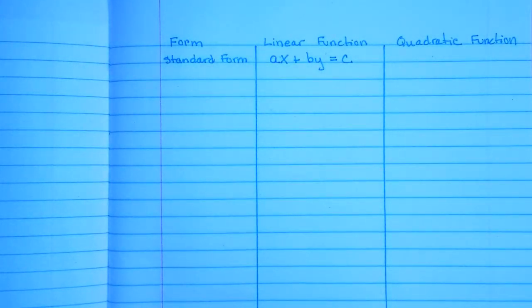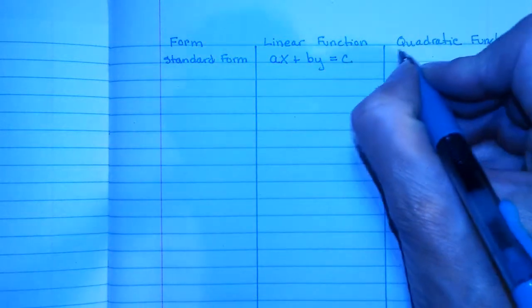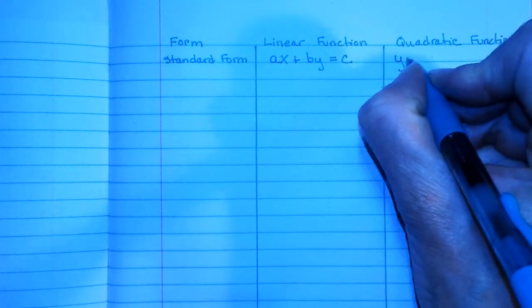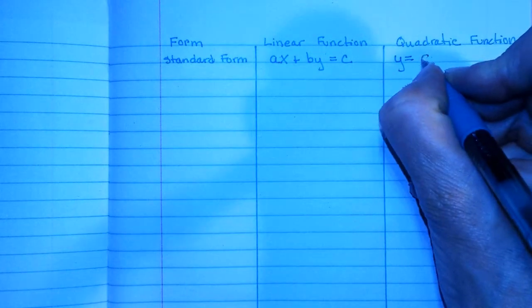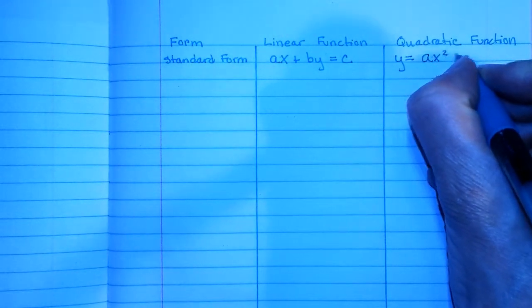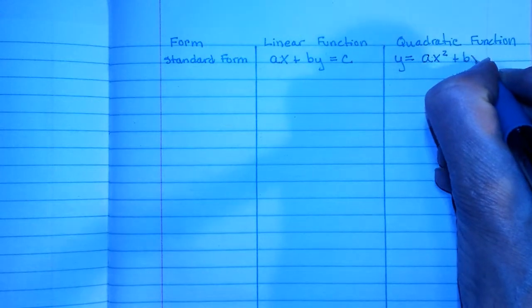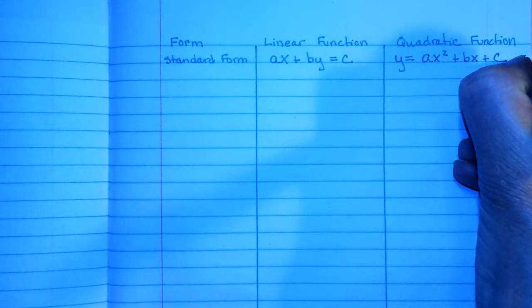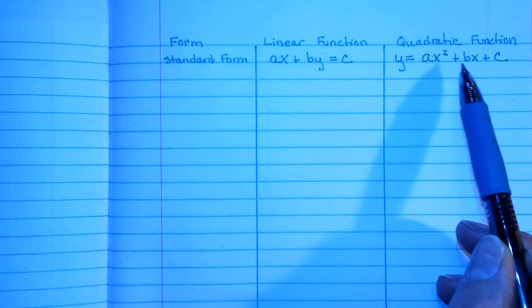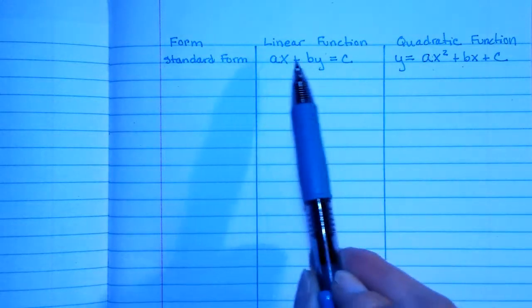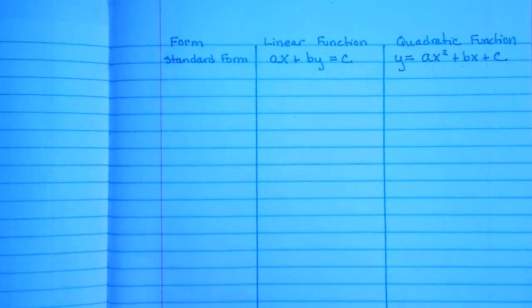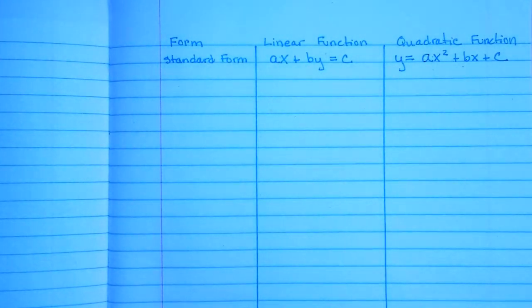Our quadratic function, however, its standard form is going to be written with y equals, so y is by itself, and I'm going to have ax squared plus bx plus c. Again, where my letters a, b, and c just represent some number. A, b, and c may not be the same as a, b, and c here. Okay? They're just used to represent some number.